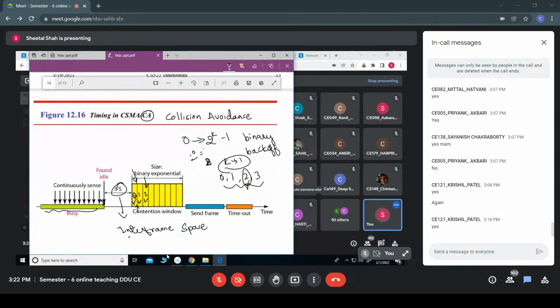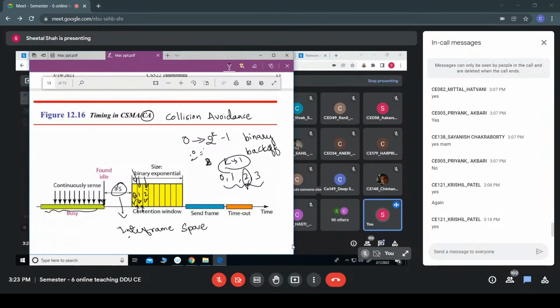Again, it would check the next slot, slot number 1, whether the channel is free. If the channel is not free, and someone else has already successfully started transmitting a frame, what will it do? It was actually its own turn, but some other station has used slot number 1 and might have started transmitting the frame, isn't it?